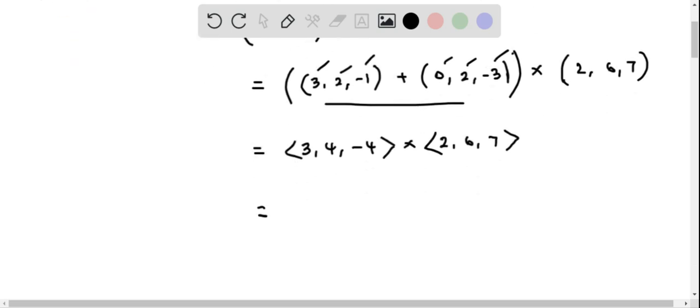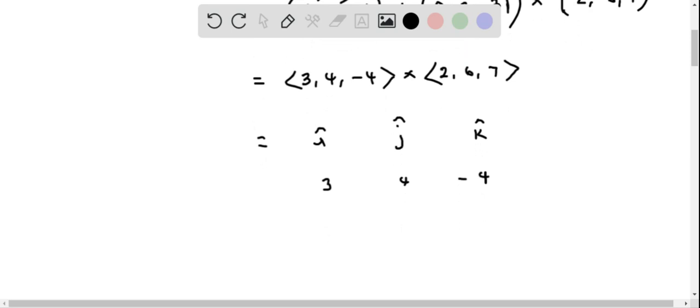So I'm going to put in the first row the unit vectors, that is i vector, j vector, and k vector. In the second row I put the first vector components, that is 3, 4, negative 4. In the third row I put the second vector, that is 2, 6, 7.